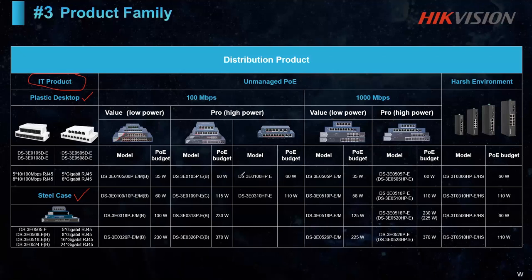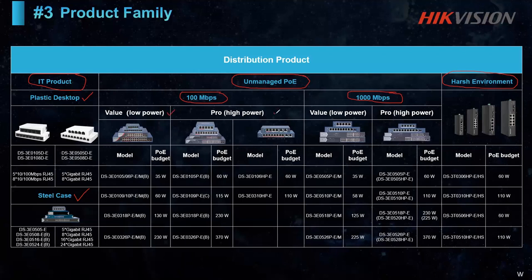And moving on to the other switch types that are available in the distribution product lineup, we have unmanaged PoE as well as harsh environment switches. This unmanaged PoE we have categorized into 100 Mbps as well as 1000 Mbps. And between these two classifications, we have also classified it according to our levels, our value and pro series.